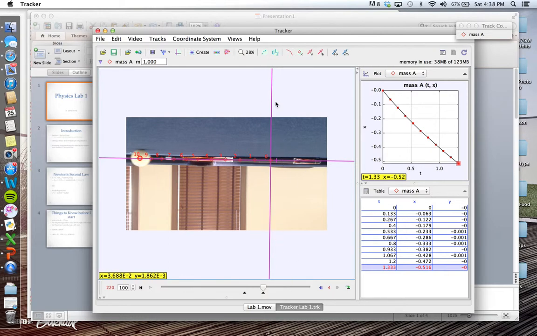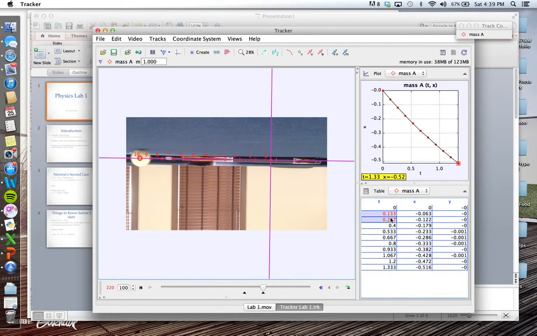These axes are the normal axes that you would use in any sort of calculus. What would happen if I flipped these axes so that this side was the positive side and this side was the negative side? All of my data would be positive. It would change no data. It would just mean that my velocity was positive 0.474 instead of negative 0.474.